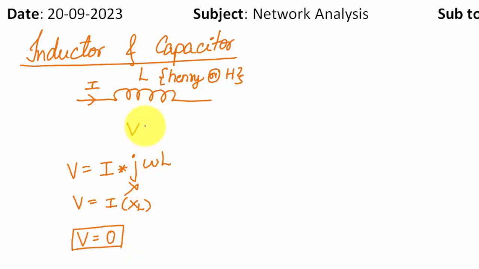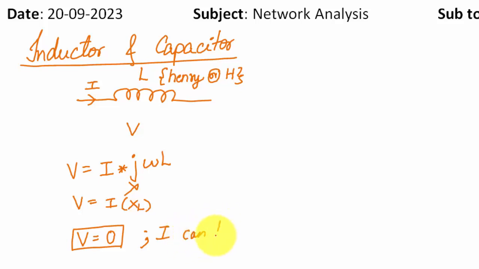Now you please think over: if voltage is 0, that doesn't mean that the current should be 0. No, the current may be 0 or may not be 0. So current is greater than or equal to 0. Or the best way I can write is, current can be any value.